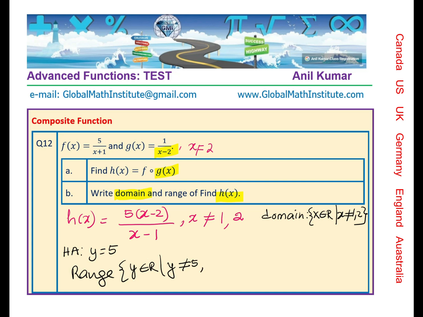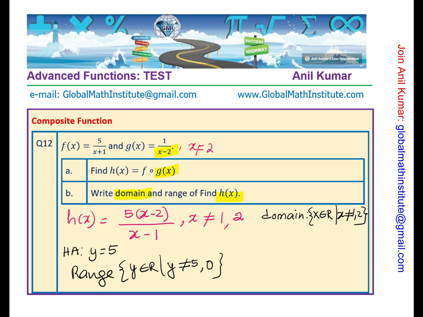But see, we also understand that x is not equal to 2. Now, if x was 2, then what value could we get? Substituting 2, we would have got 0. So that means 0 is also not in the range of this function. You agree? So that is additional thing which we have to carefully look into.